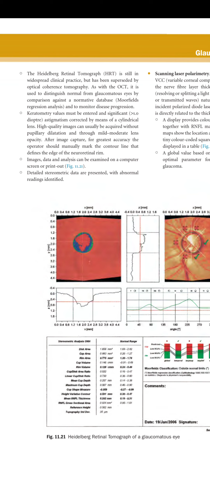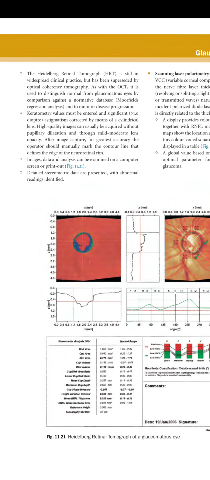So basically now we perform OCT. This is rarely used, as the OCT is used to distinguish normal from the glaucomatous eye by comparison against a normative database. So we have some normal data that is installed in the machine already, and you compare the patient's data with the normative data, and you can diagnose the disease and know the disease progression.